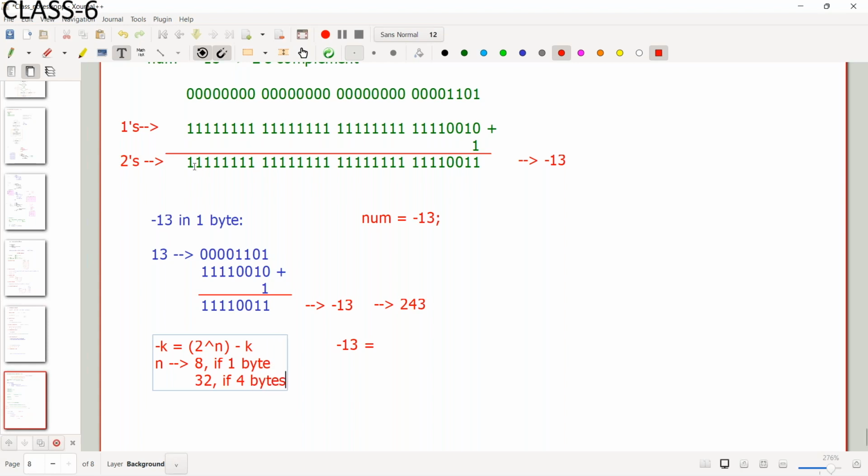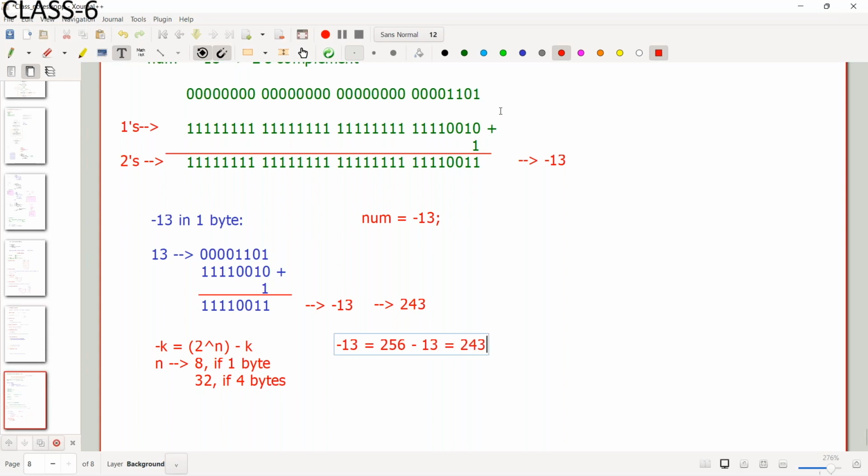So 2 power 8 is 256, and 256 minus 13 gives 243.